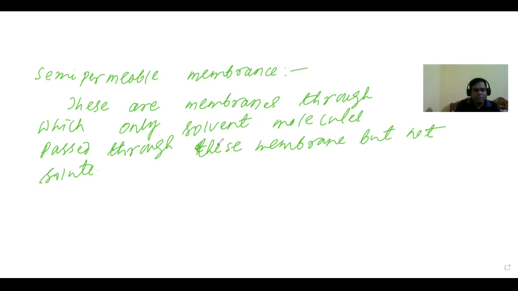Only solvent molecules pass due to small size. Why does solute not pass through it? Because solute has a larger size. That's why it cannot enter the pores of the membrane.